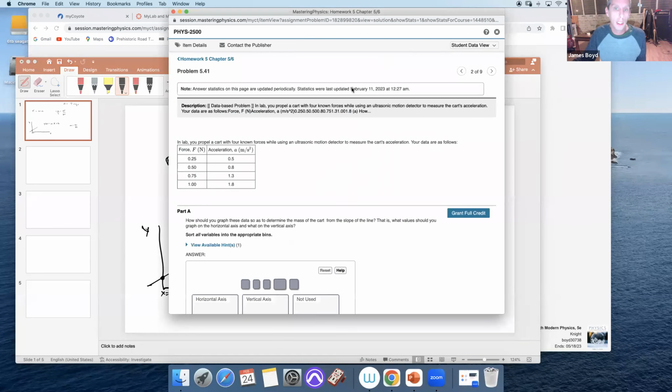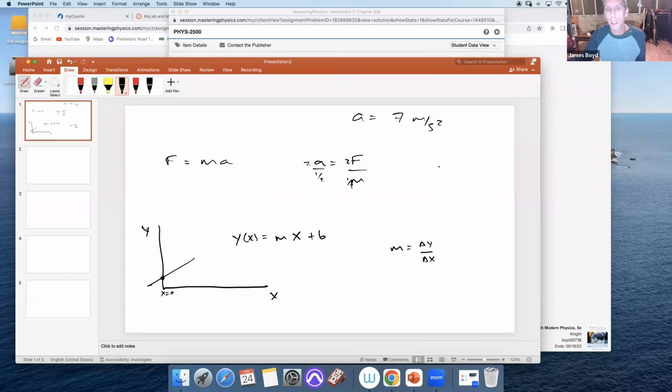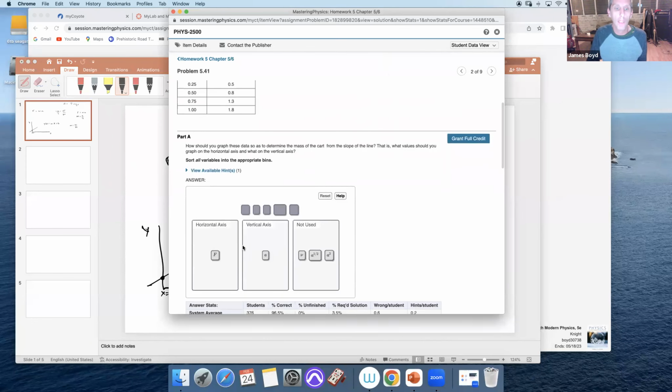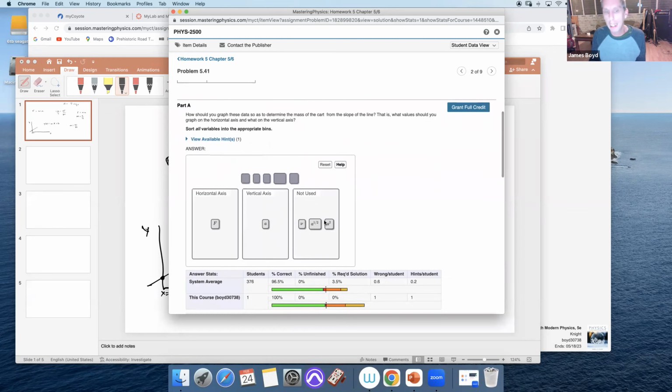What we're asked to do is graph the data to determine the mass. So F equals ma. To find m, we would do F versus A. F would be on our y-axis, A would be on our x-axis, and none of the rest of this would be used.